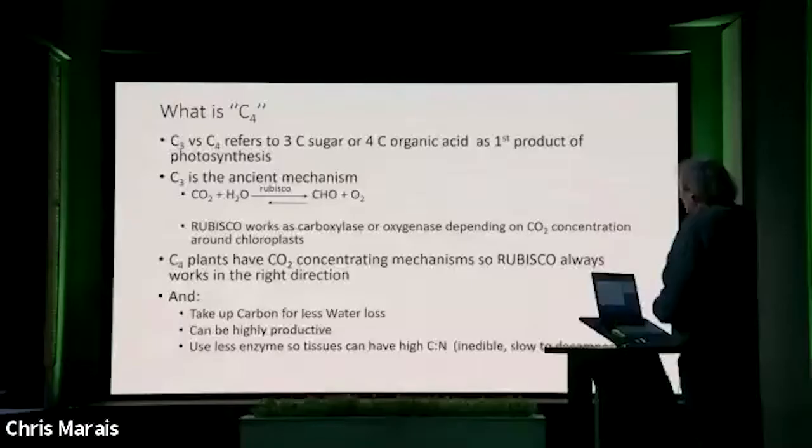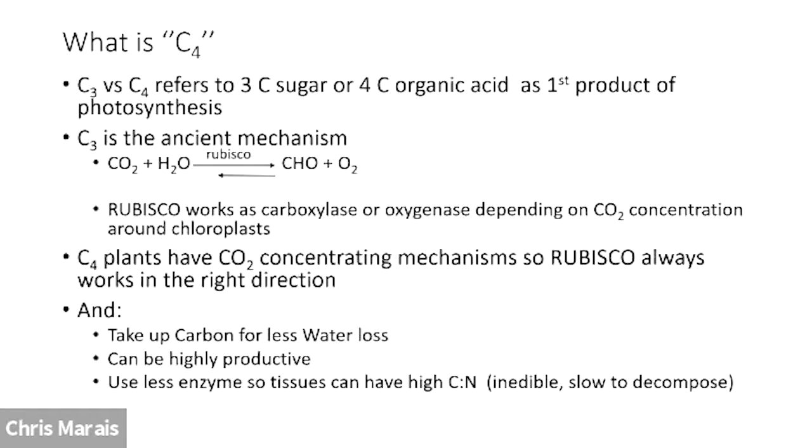It's a really dumb design, especially when the CO2 in the atmosphere gets very low, as it was, for example, 20,000 years ago. What's unique about the C4 plants is that they have a clever way of concentrating CO2 around this enzyme rubisco. So it always works in the right direction, and it always makes a carbohydrate.